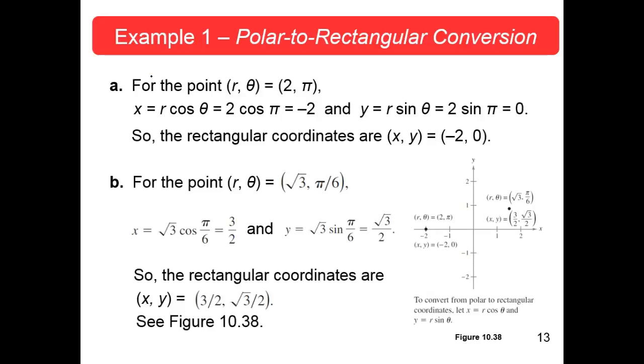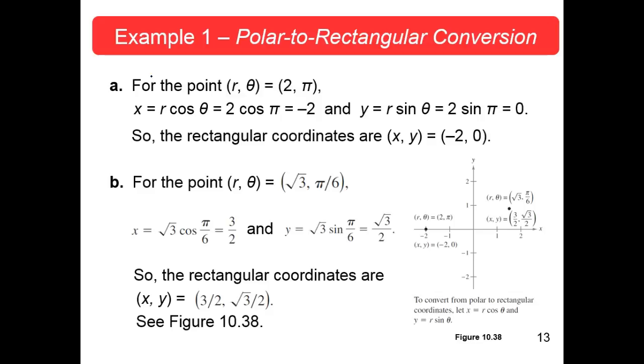So the rectangular coordinates are (3/2, root 3 over 2). And here those are. The first one here, (-2, 0), because you went r of 2 and theta pi. And the second one, your r is root 3, which is something a little less than 2.